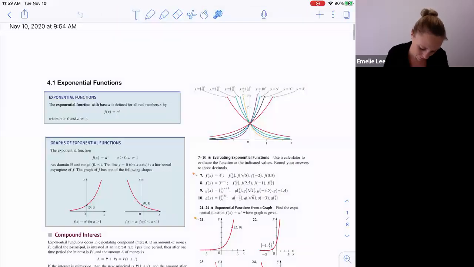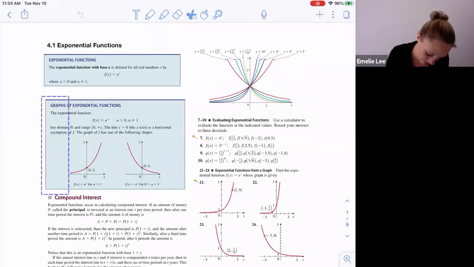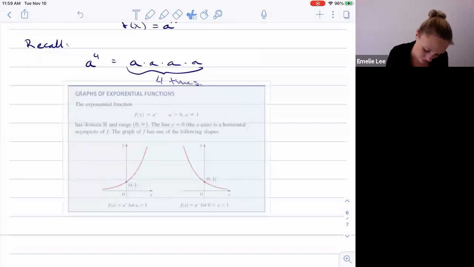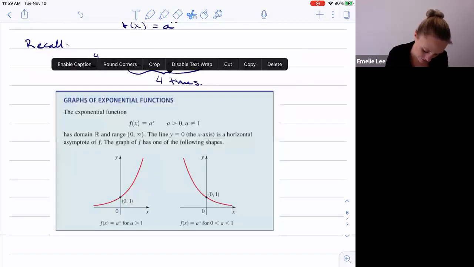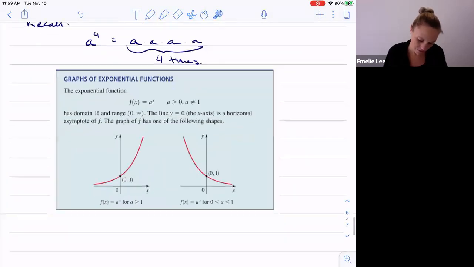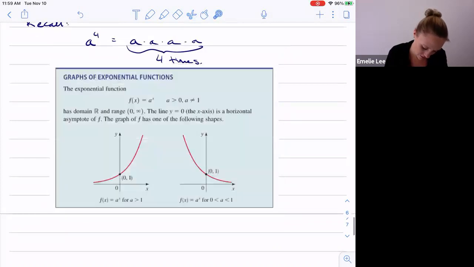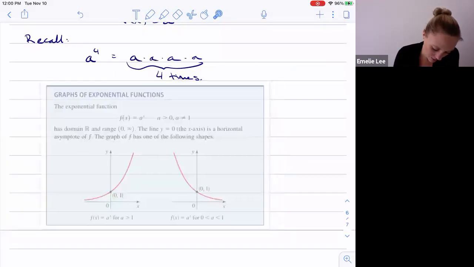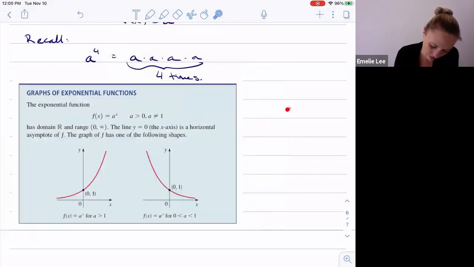So the next little blurb I want to talk about is this one. Okay, so here, move this there. Depending on what the base is, and maybe I'll move this over a little bit so I can write on this side.